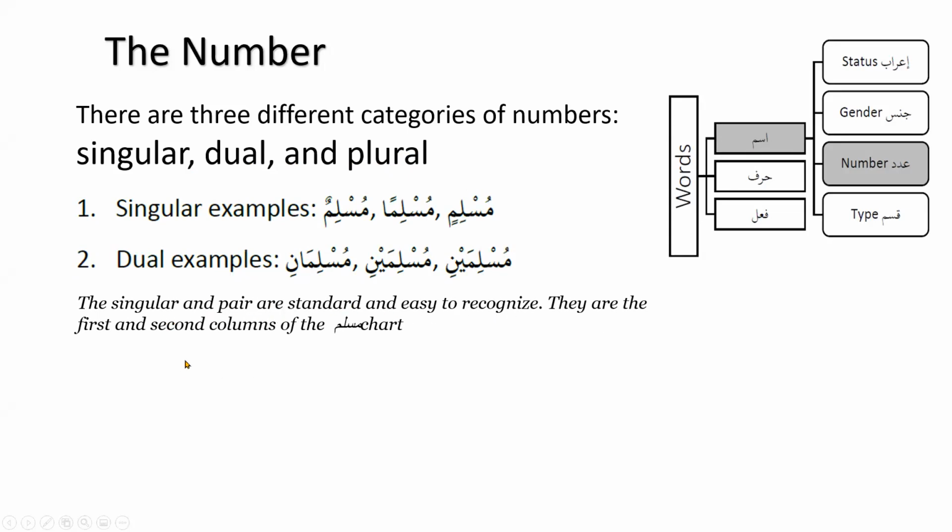They are the first and the second column of the chart, as simple as that. Like the Muslimun chart, right? So it's uni, ani or aini, or tani and tayni. These could also be the light version of it. So these are singular and dual.